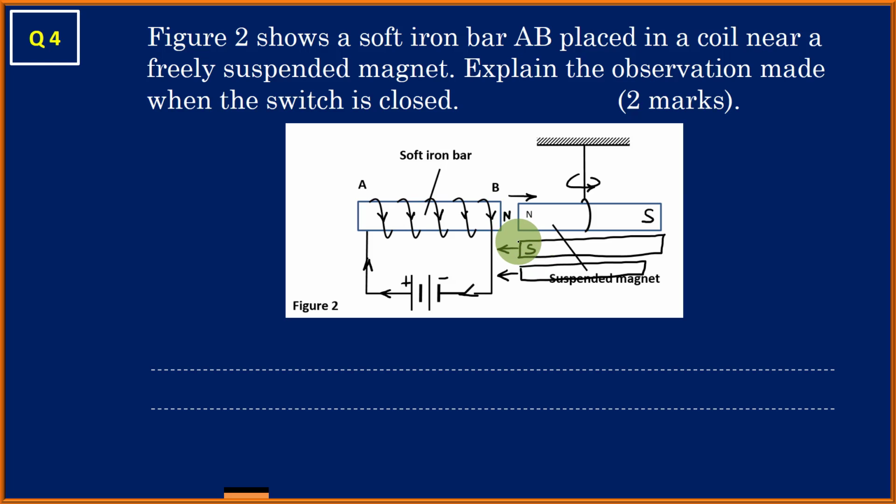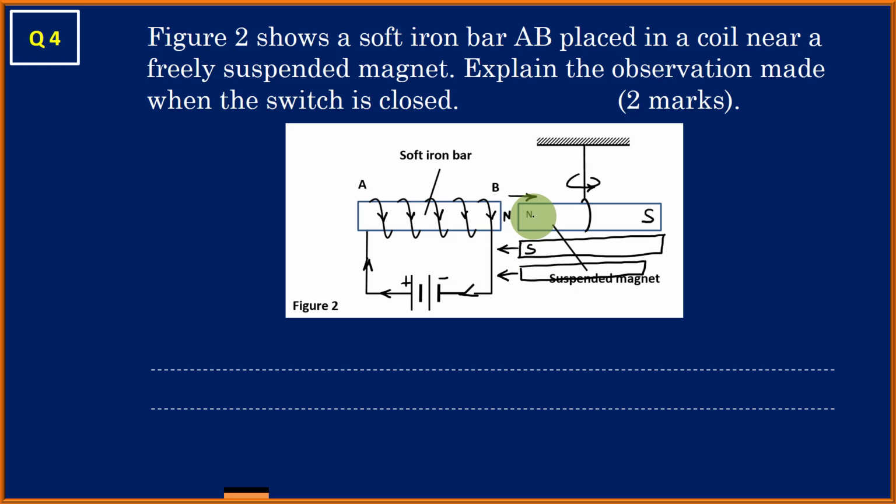So in a case where we are trying to test for polarity of a certain magnet, or to identify whether the material is a magnet or not, we cannot use attraction, because attraction can also occur between a magnetic material and any magnet.